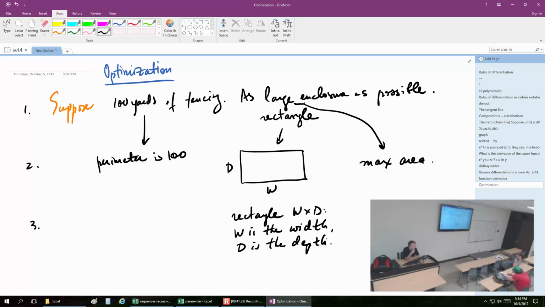Couldn't you take the square root of 100, because that'd be a square? Or no, you figure out, if the perimeter is 100, each side would be 25. Well, you divide the perimeter by 2, and then find the two values that add up to 50, the highest one that multiply together.